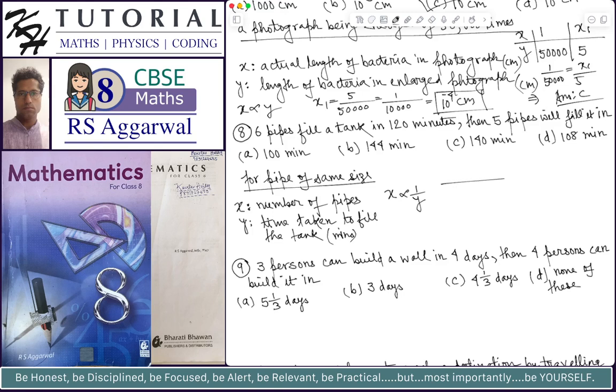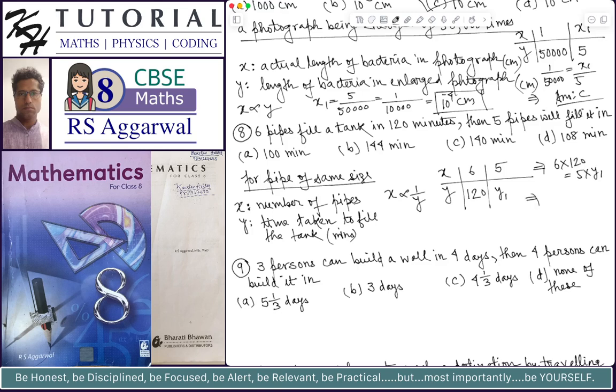So now if we create the table of x and y, it is given 6 pipes fill a tank in 120 minutes. So 6, 120, and then it is asking then 5 pipes will fill it in. So let's say 5 pipes will fill the tank in y1 minutes. So we have this table. Since x and y are varying inversely with each other, their product will be a constant. So we can say 6 multiplied by 120 will be equal to 5 multiplied by y1.